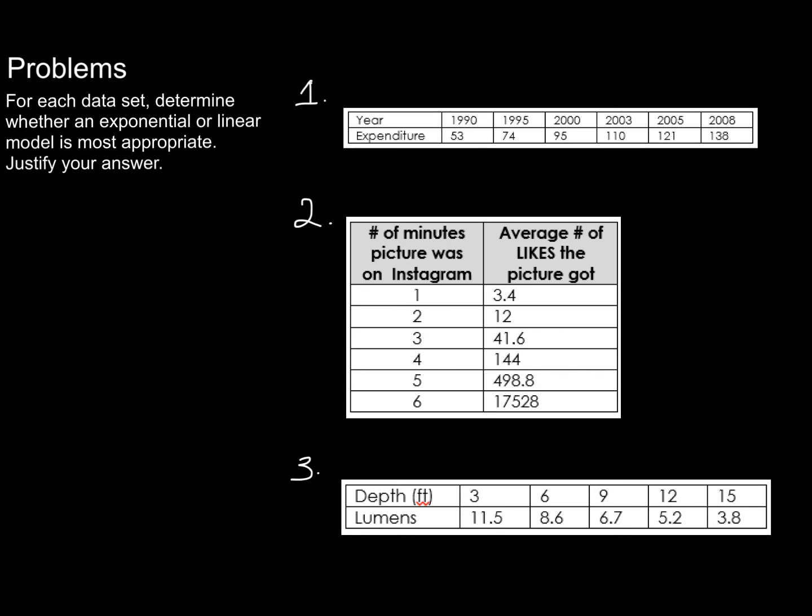And for these examples, you don't have to worry too much about what each of these tables is representing. We're actually going to talk more about the context of these situations in class. So your goal is just to determine whether exponential or linear makes the most sense. Be ready to justify your answer, so make sure you have your justification for each one so that you can confer and confirm with your teammates.